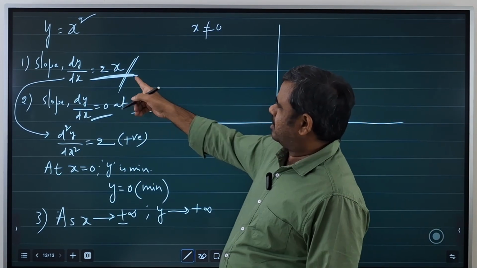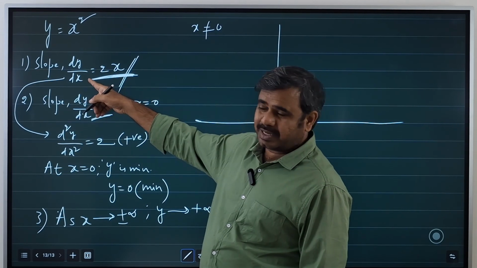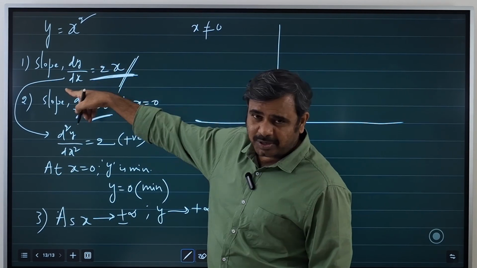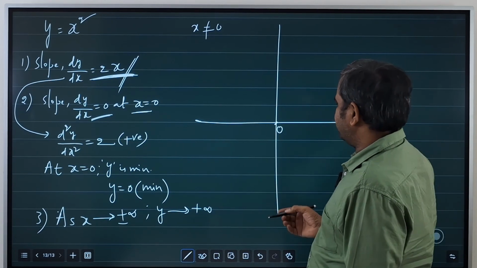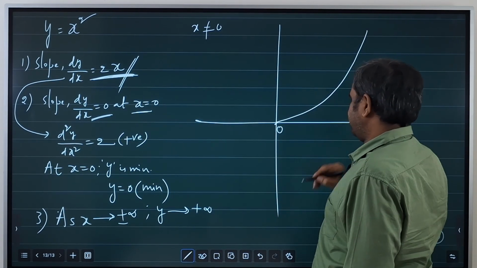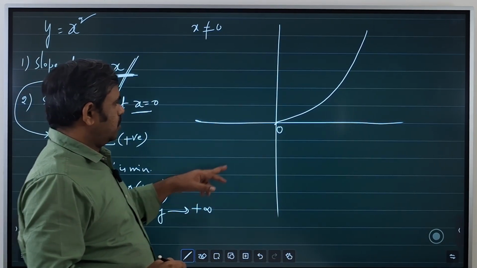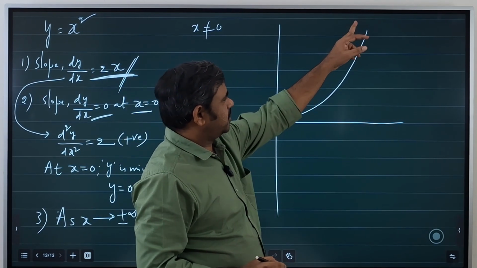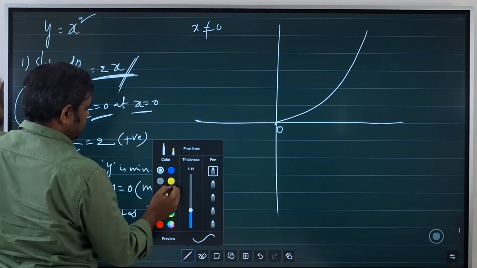Okay, look at dy by dx here. For positive values of x, as x increases, slope also increases. Slope increases means what? Y increases at an increasing rate. Look, y increases, but not at a constant rate, because slope is not a constant.